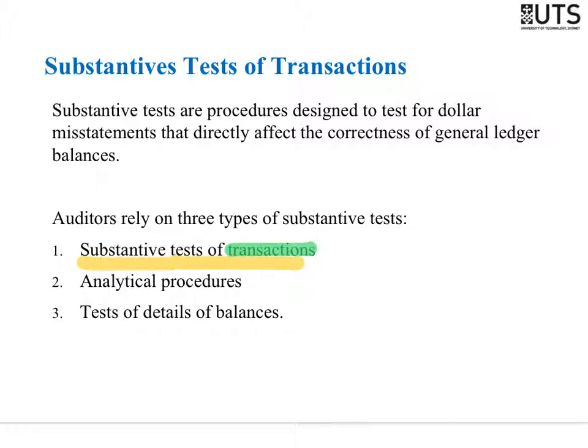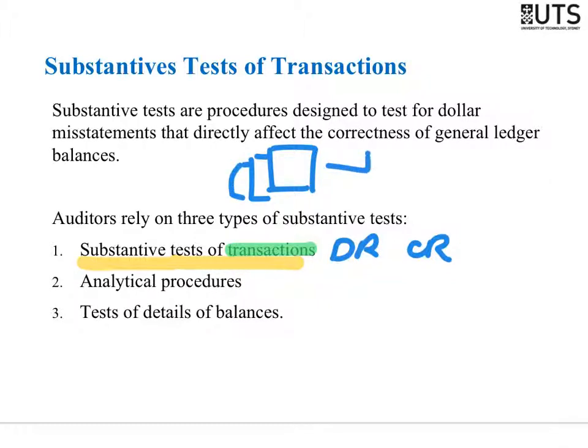If you don't know what a transaction is, ladies and gentlemen, please write this down in your notes. A transaction is when we're looking at debits and credits. What do I mean? Let me do it this way. We're looking at certain documents here, and the documents are ultimately processed into a journal.